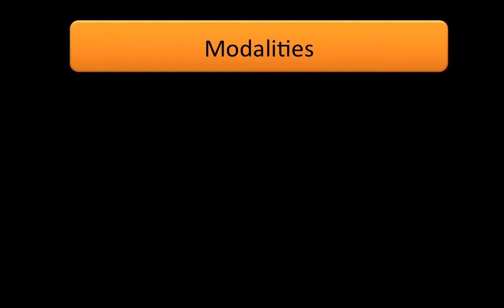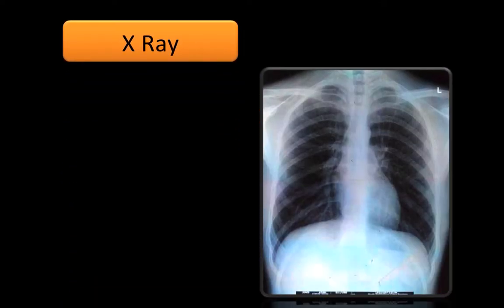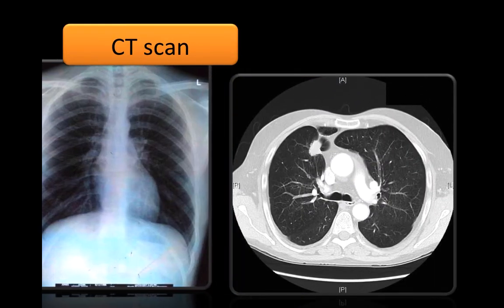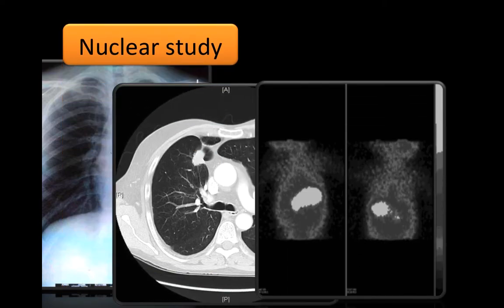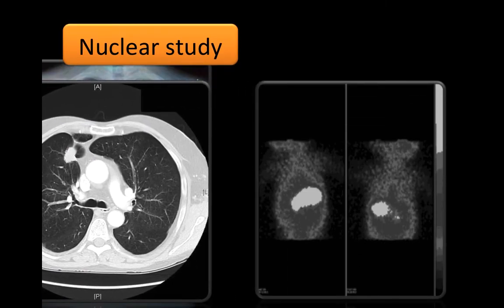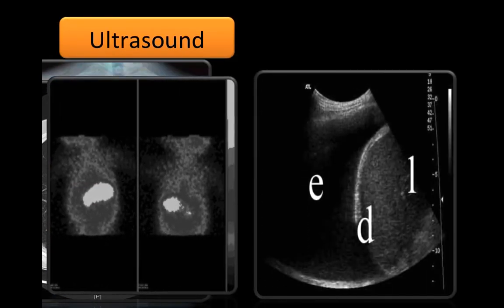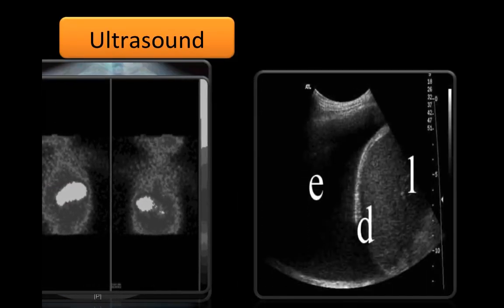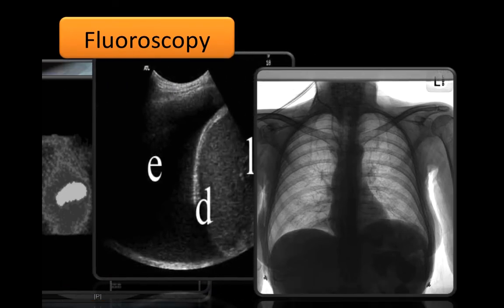Okay, first of all, I should say there are some common modalities for evaluating cases of the chest. The most common, as I said, is the routine normal chest X-ray, and if we are confused or need to go a little bit more advanced, we do a CT scan, which may be contrast or non-contrast as well. There are some nuclear studies of the chest also. We can perform ultrasound if it is indicated.